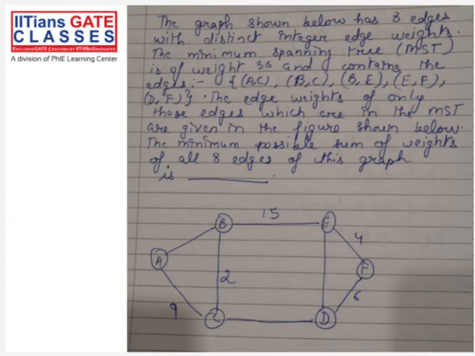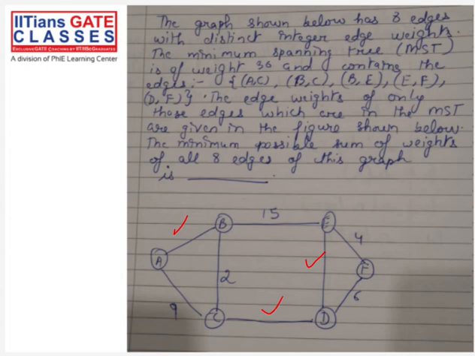I have 1, 2, 3, 4, 5, 6 vertices, so I'll need 5 edges. So this is the minimum spanning tree given. What they want is for you to find the weight of all edges. Basically I need to find this value and this value such that the minimum spanning tree is not disturbed, and you have to find the minimum possible sum of weights.